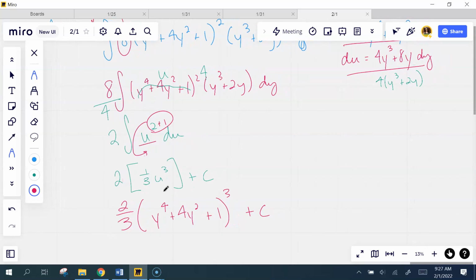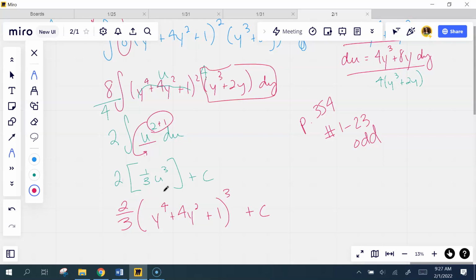How did you only get this part, not the rest? Okay, so that was the du.